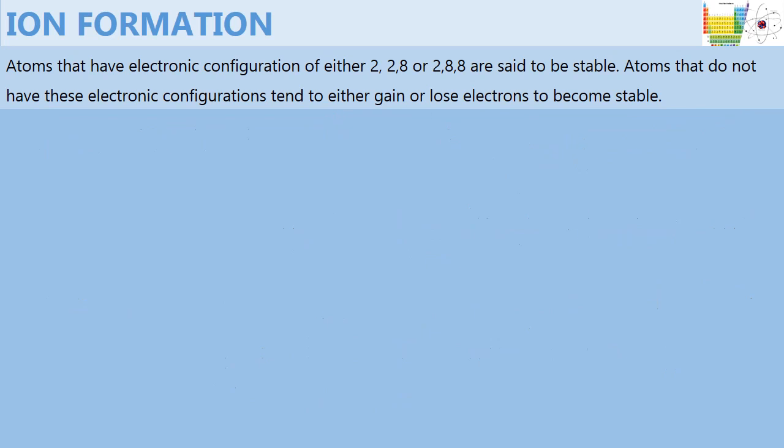Consider this second example. Lithium. It has a configuration of 2, 1. How can lithium become stable?